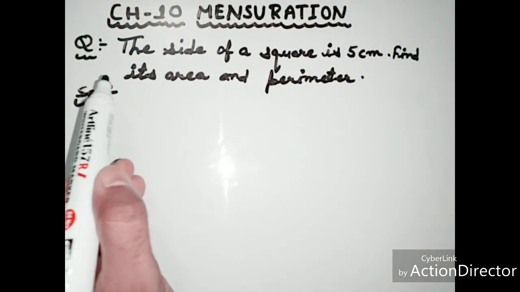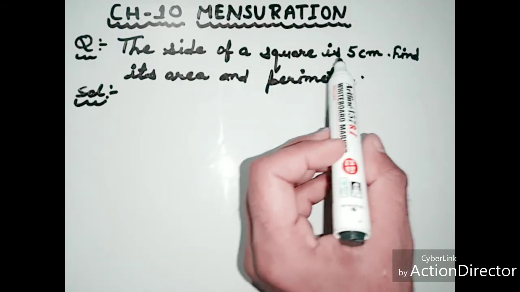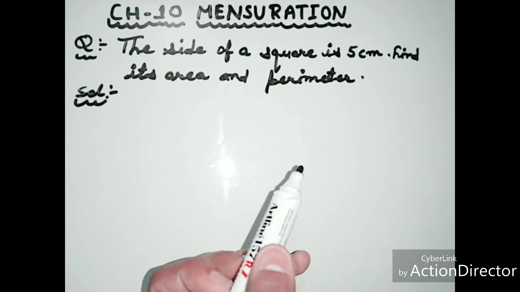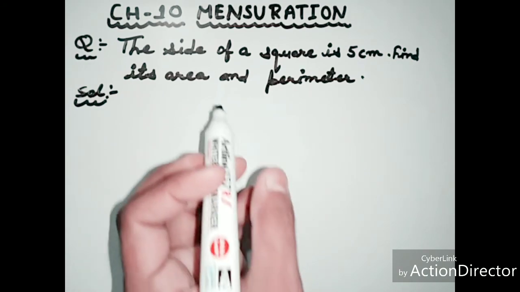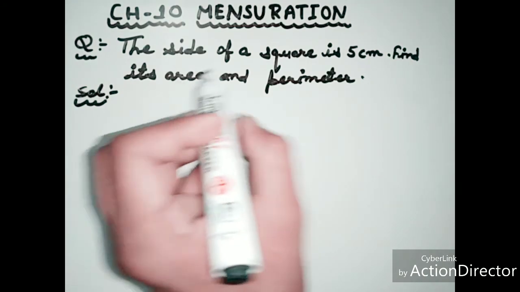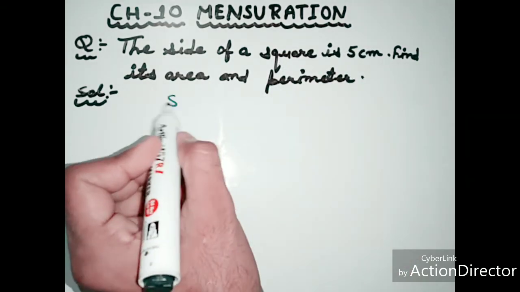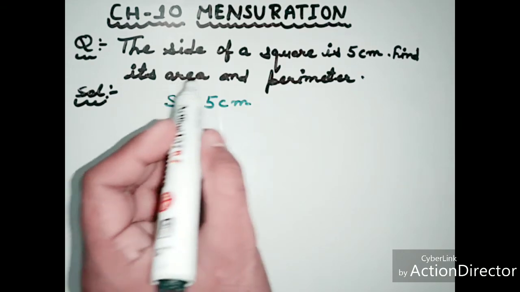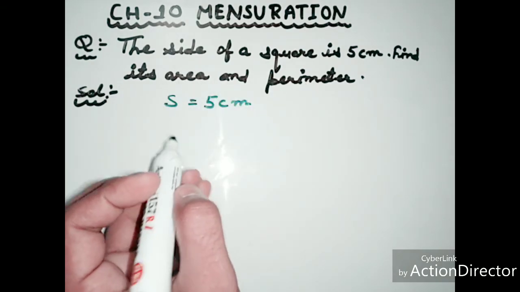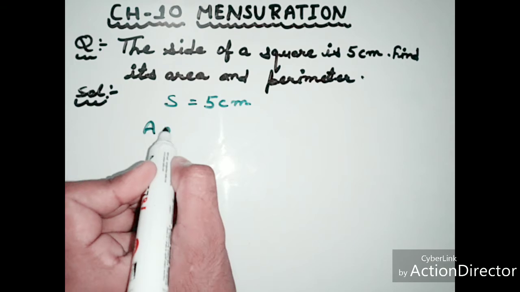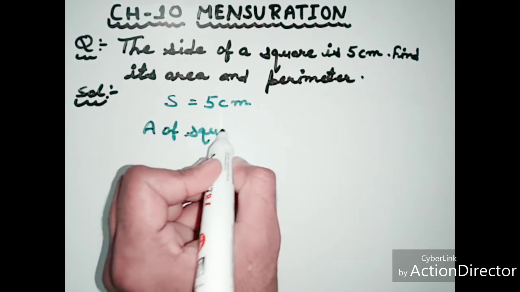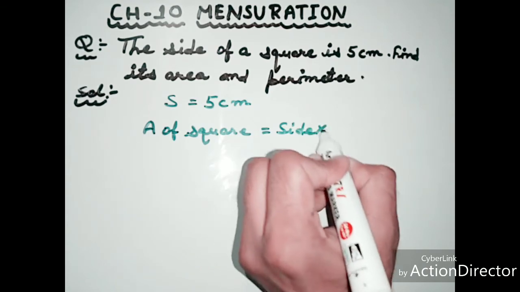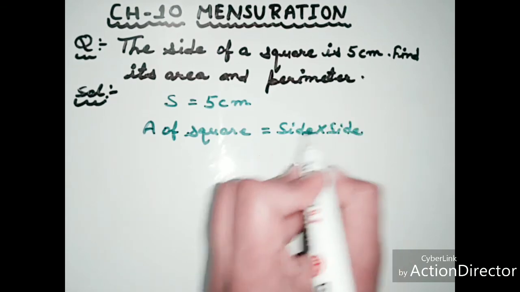Now the next question: the side of a square is 5 centimeter. Find its area and perimeter. So here the side of the square is 5 centimeter, and first we find the area of the square. So area of square equal to side into side or side square.